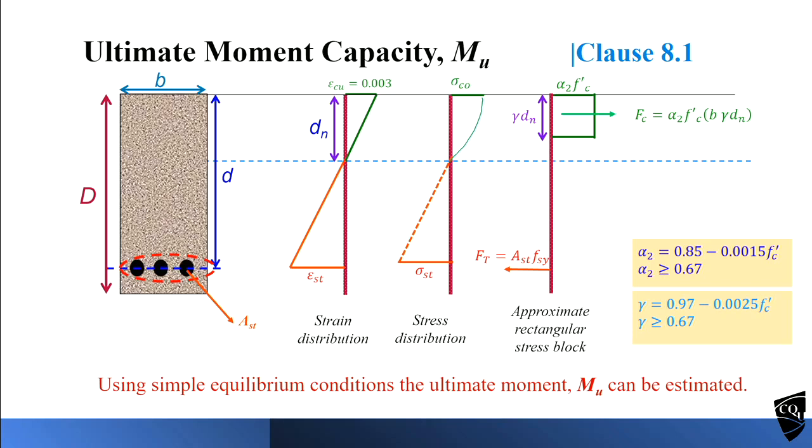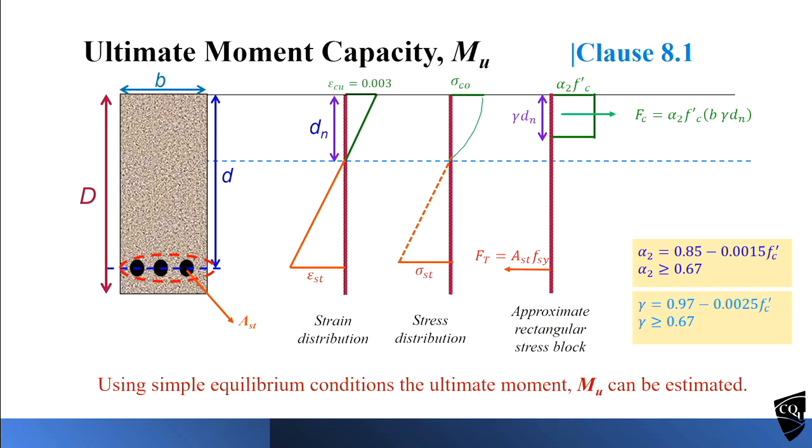It's not failed yet, but it's going to fail. So this is the maximum. After that it will fail. I apply the moment slowly and increase it up to the maximum. That is the ultimate moment. The ultimate moment is Mu.